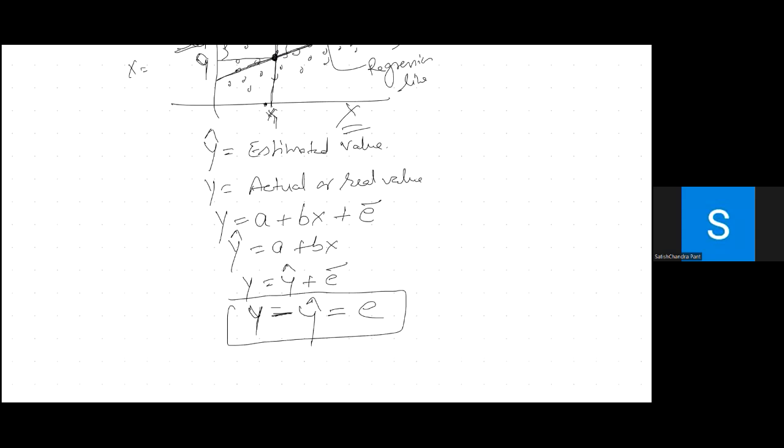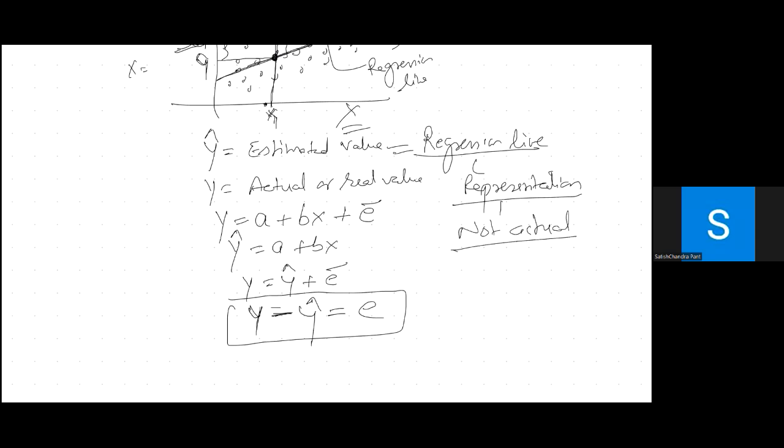So the estimated value means the value set by the regression line, which is nothing but a representation. This is not the actual observation, right? The actual observation is y.